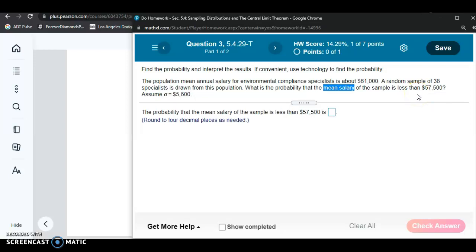Remember, we are supposed to apply the central limit theorem when necessary. We don't know anything about the distribution of the population, whether the population annual salary of these compliance specialists is normally distributed or not, because the problem doesn't say.